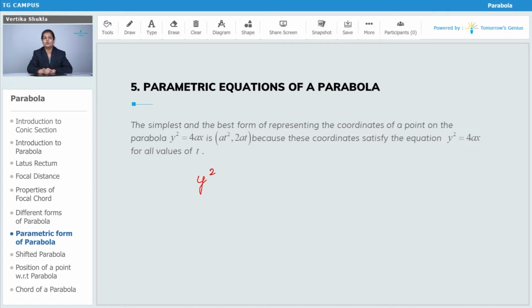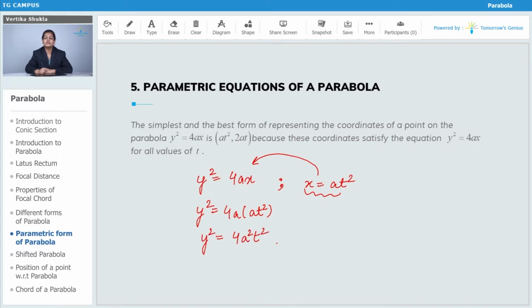Particularly for this parabola y square is equal to 4ax, if I substitute x as at square in this parabola, what will you get? y square is equal to 4a into at square. If I multiply these two terms, I will get 4a square t square, and this is equal to y square. If I take square root on both these sides, I will get y is equal to 2at.